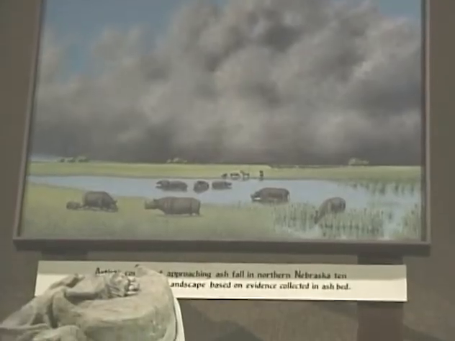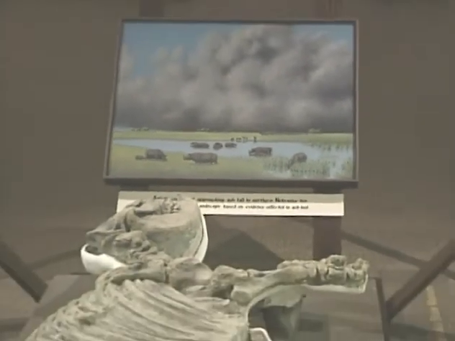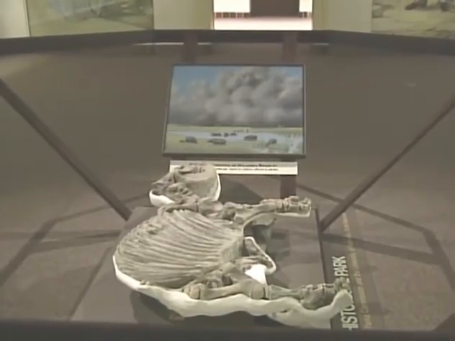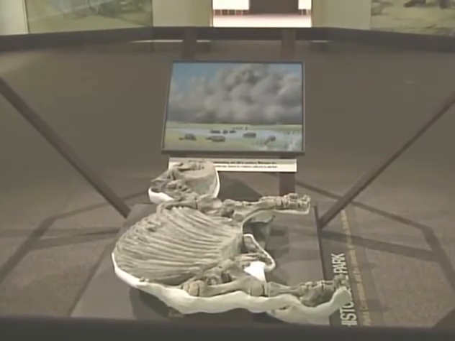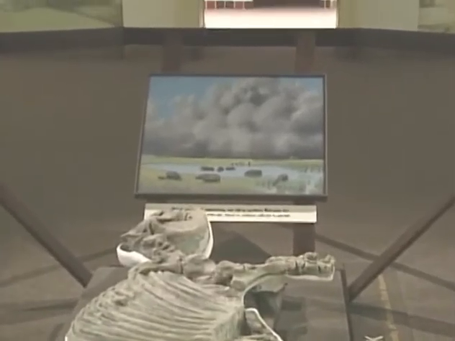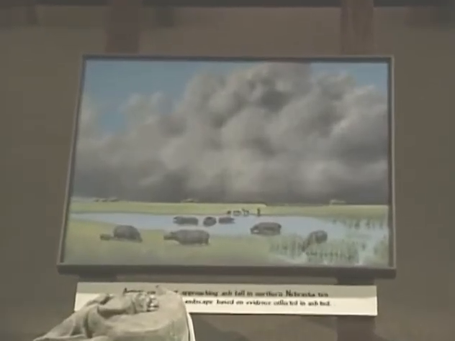Lush pasture, wonderful water, until the dreadful day that the eruption took place and the ash itself in the background approaching this beautiful area, which brought the extinction of these beautiful animals.